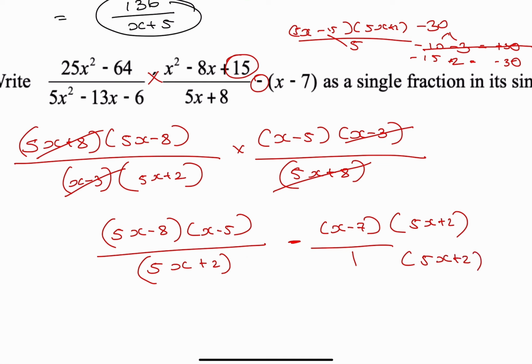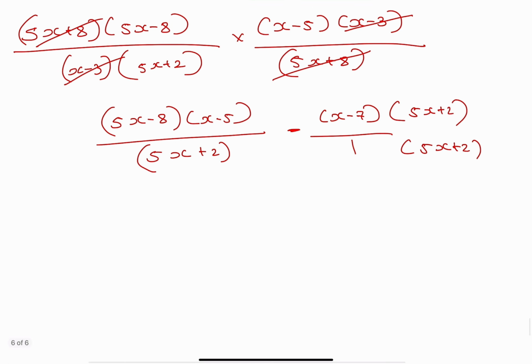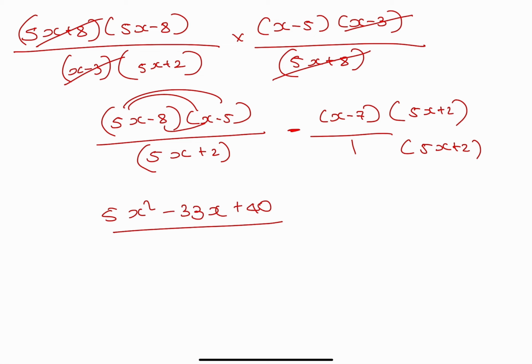So on here I got 5x squared minus 25x minus 8x means minus 33x plus 40, all divided by 5x plus 2, because I can make it the same denominator for all of them. It's a negative, so be careful, put a bracket around it.